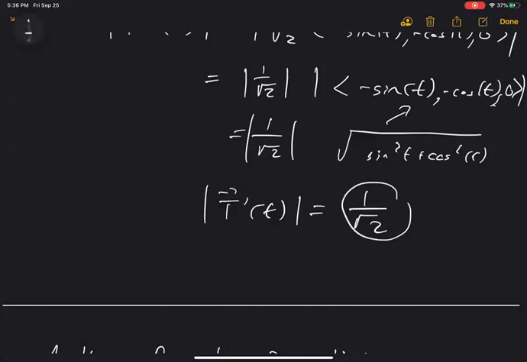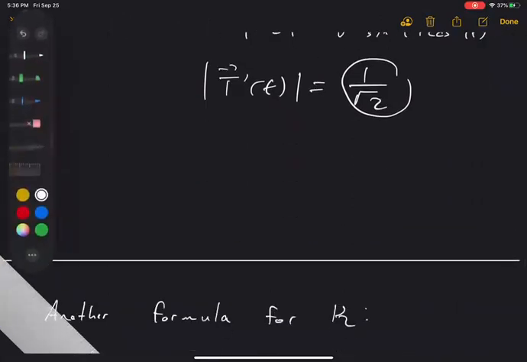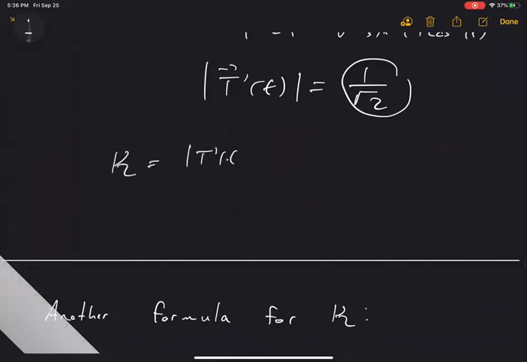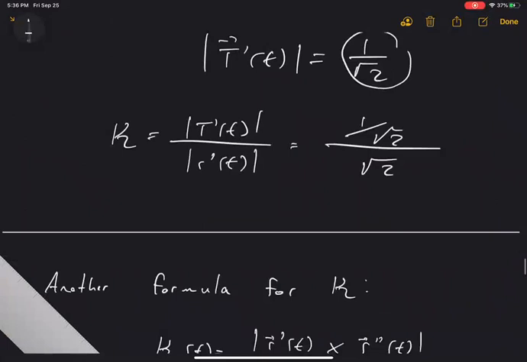Now I got my T prime of t. I divide by the magnitude of my r prime of t, which again we said was, okay, that numerator is 1 over the square root of 2, and the denominator we already said was the square root of 2.